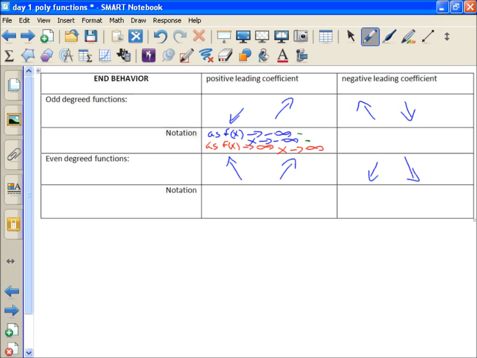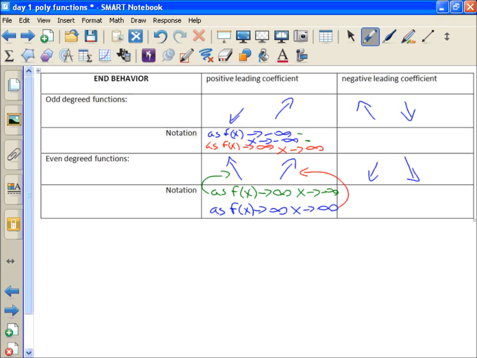So for this one, as f of x approaches infinity, x approaches negative infinity. And that's this one. But we also have, as f of x approaches infinity, x approaches infinity as well, which is that one.